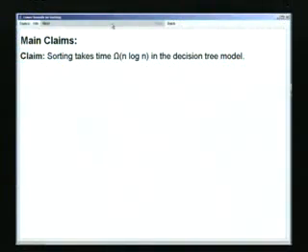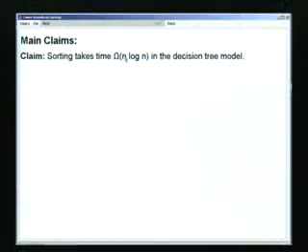So now here are the main claims that I'm going to make. The first claim is that sorting will take time n log n in the decision tree model. This claim has to be understood properly. This claim says that no matter what algorithm you use, and by algorithm we mean no matter what tree you use, because that's the space of all possible algorithms, the time taken will be n log n.